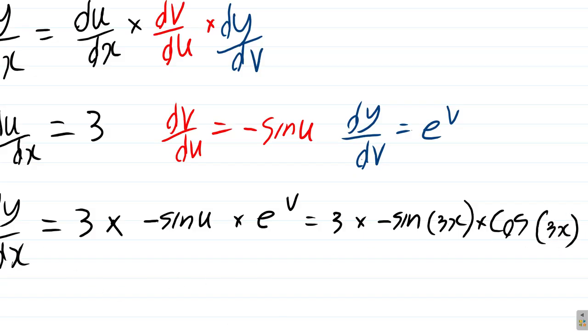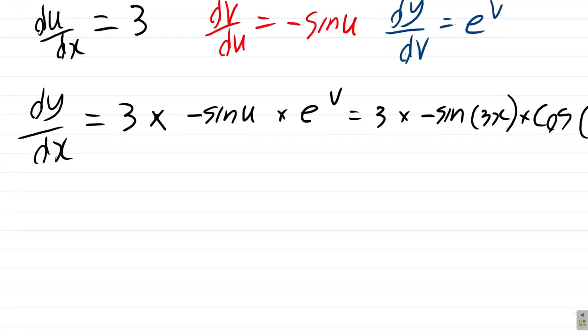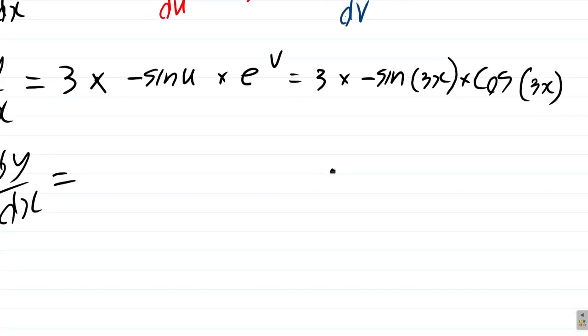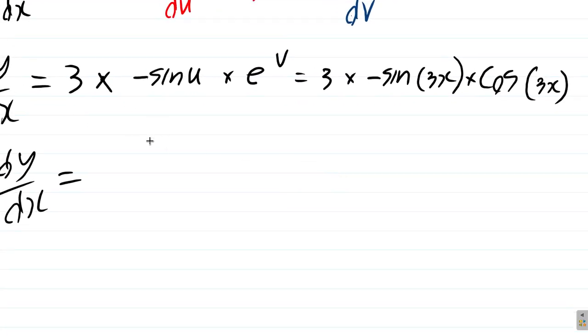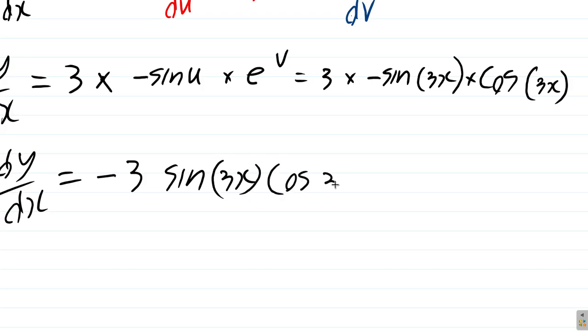So how we can write this now, finally, is to say dy by dx equals negative 3 sine 3x cos 3x.